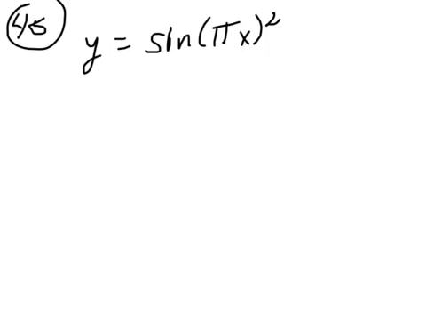So if you think about this one, you could do a couple of different things, but let's do this. Let's let u be pi x. If you're wondering about that squared, they wrote it in kind of a confusing way.